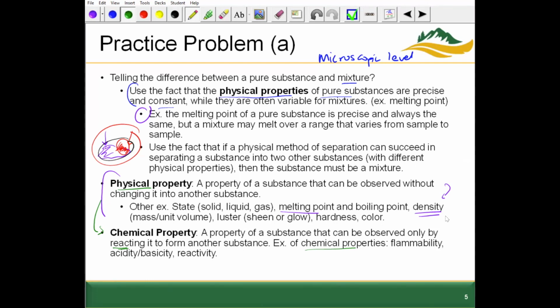As we move through the semester, this difference between chemical properties and physical properties should become more clear as we especially get into some concepts like acids and bases and reactivity and chemical bonding.